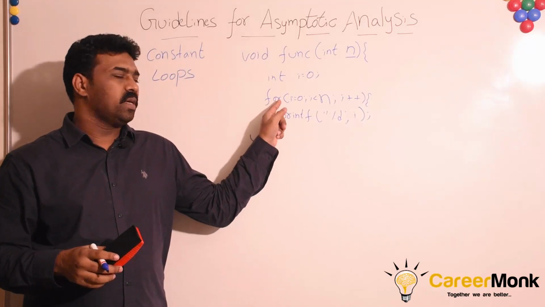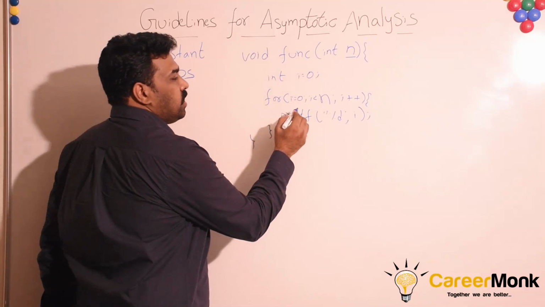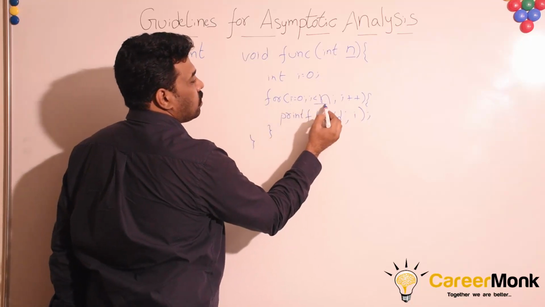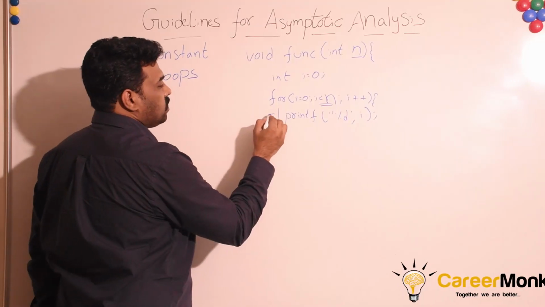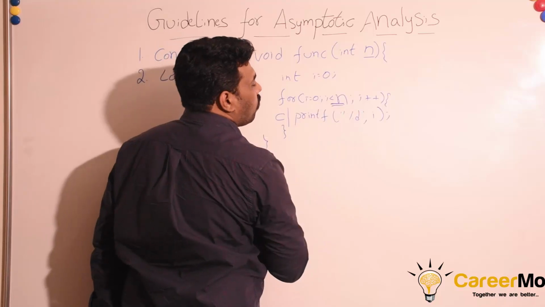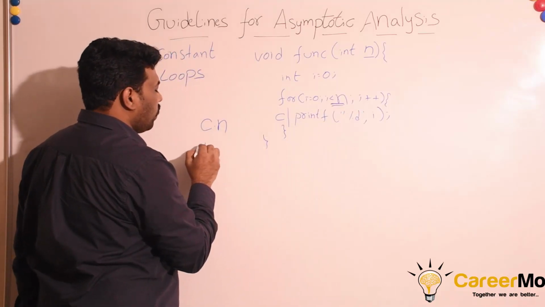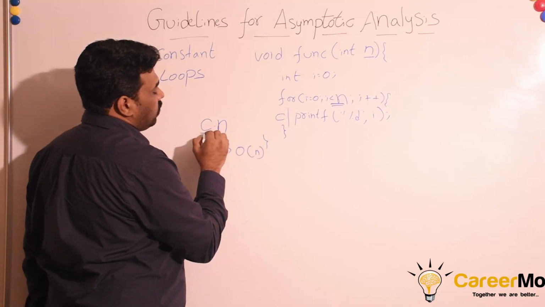In this case, the number of iterations of the for loop is dependent on the input, and since it is running in terms of input, the running time of the algorithm is the running time of the statements within the loop, let us say this is constant, multiplied by the length of the for loop. That means the number of iterations of the for loop, say n. So the complexity of this code is order of n, since we usually ignore the constants.